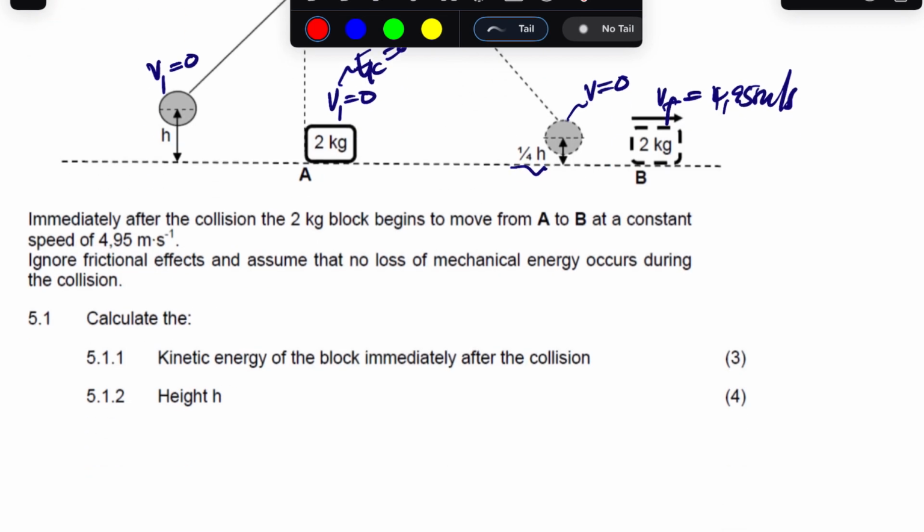Now 5.1.1 says calculate the kinetic energy of the block immediately after collision. So we have the velocity there.